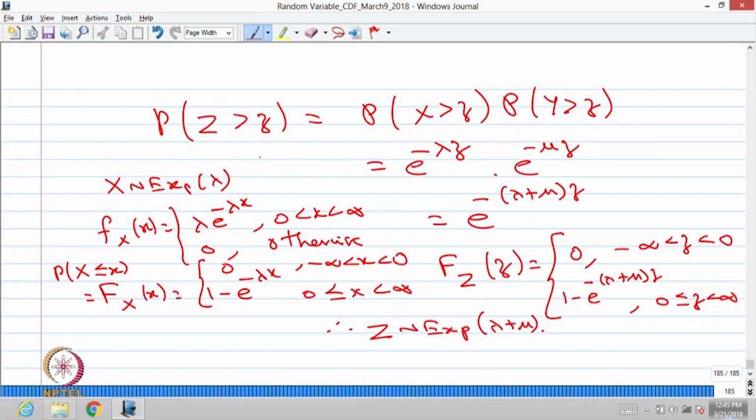This is an easy way of finding the minimum of independent exponential distributions.